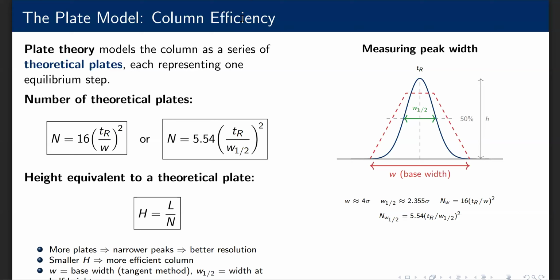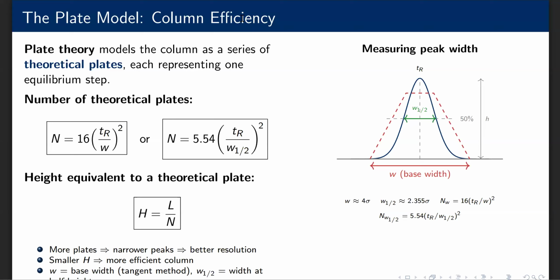The base width plate count uses the formula N equals 16 times (tR over W) squared. The half-height formula uses N equals 5.54 times (tR over W1/2) squared.